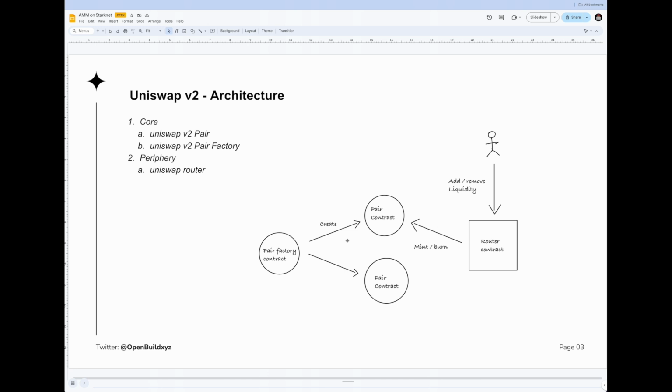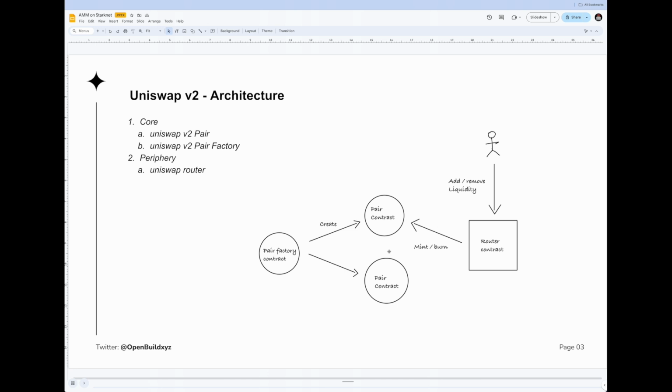That's it. So the core contracts are two, the pair factory contract and the pair contract. And the pair contract has the main logic of what Uniswap v2 is, and actually it's what the white paper talks about the most. Pair factory contracts, as its name says, are going to deploy different types of pairs given a couple of token addresses.